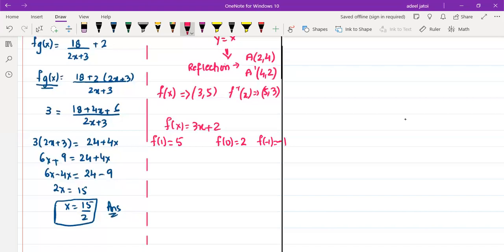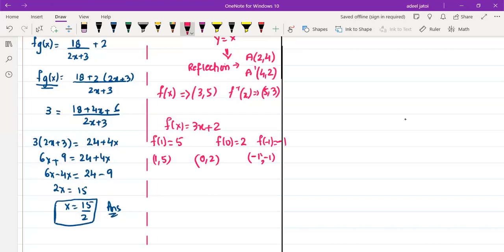You need to understand that if my x is 1, then y needs to be 5. If x is 0, then y is 2. If x is -1, y is -1 as well. So these should be the coordinates (1, 5), (0, 2), (-1, -1).